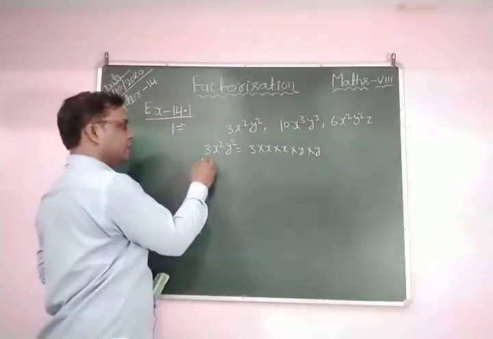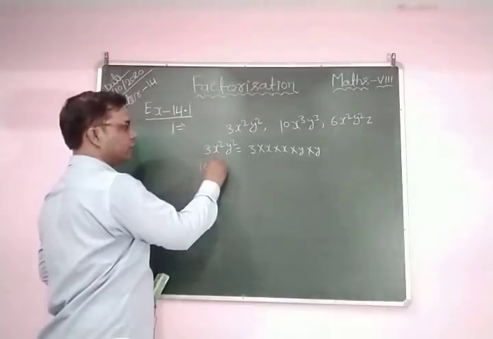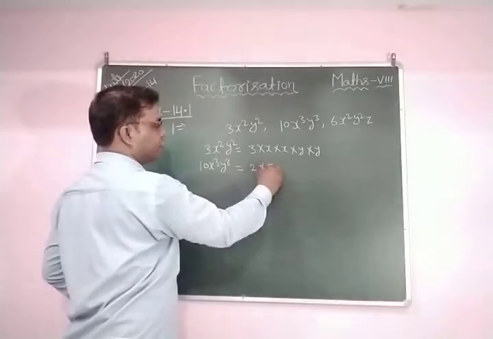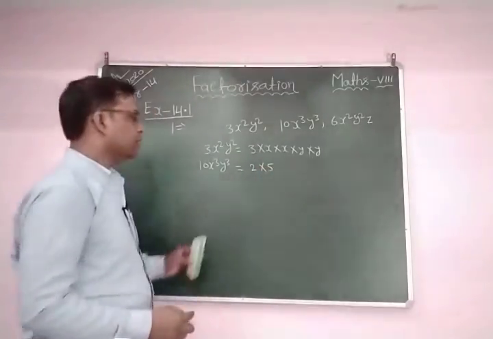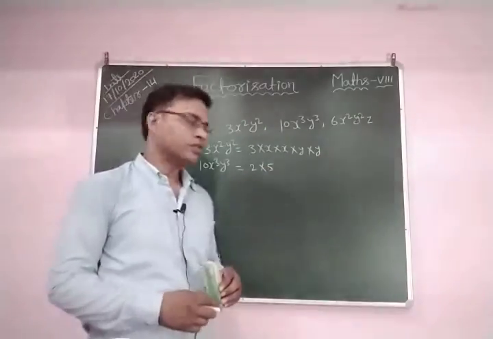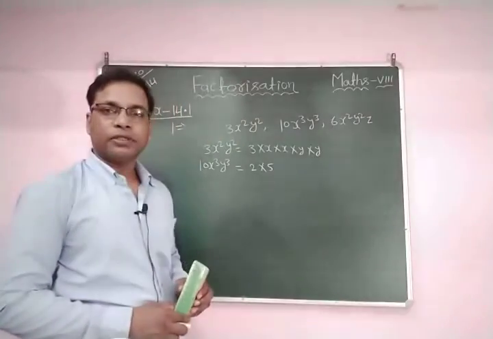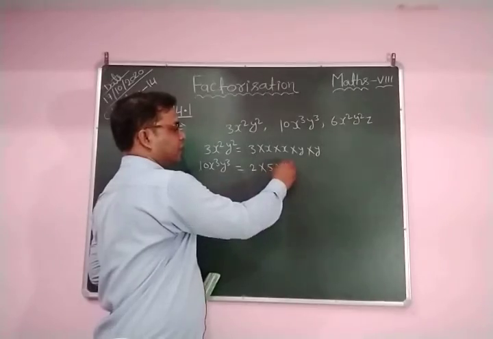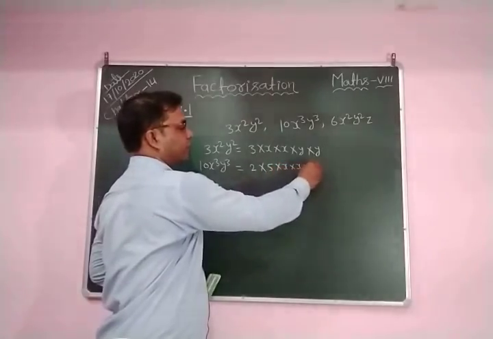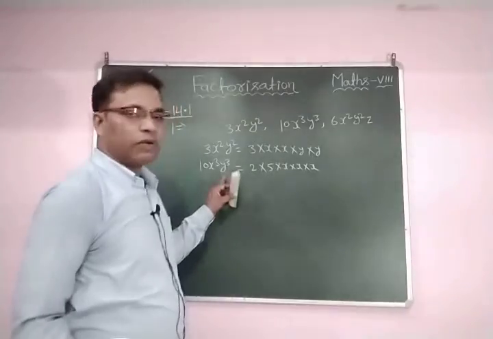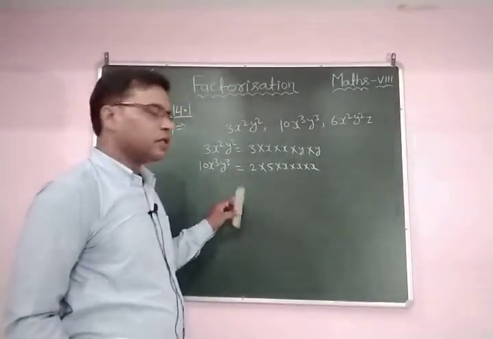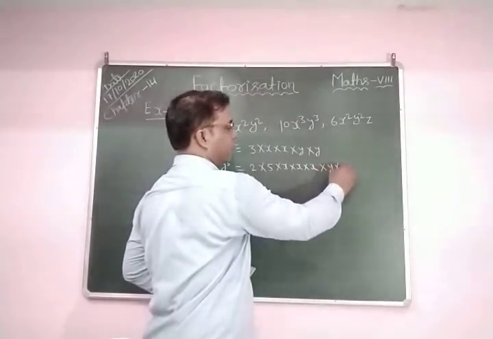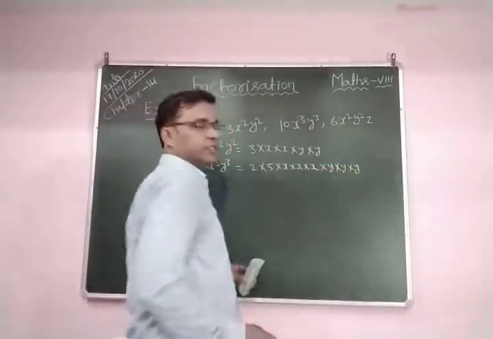Now 10x cube y cube is equal to 2 into 5, which is 10, and x power 3 means x multiplied 3 times, and y power 3 means y multiplied 3 times. This is clear now.